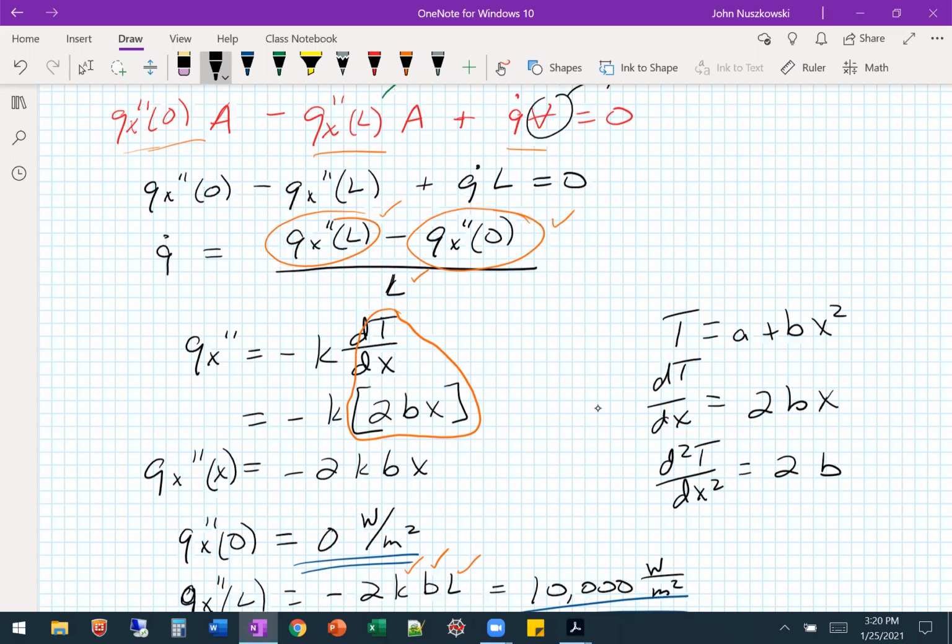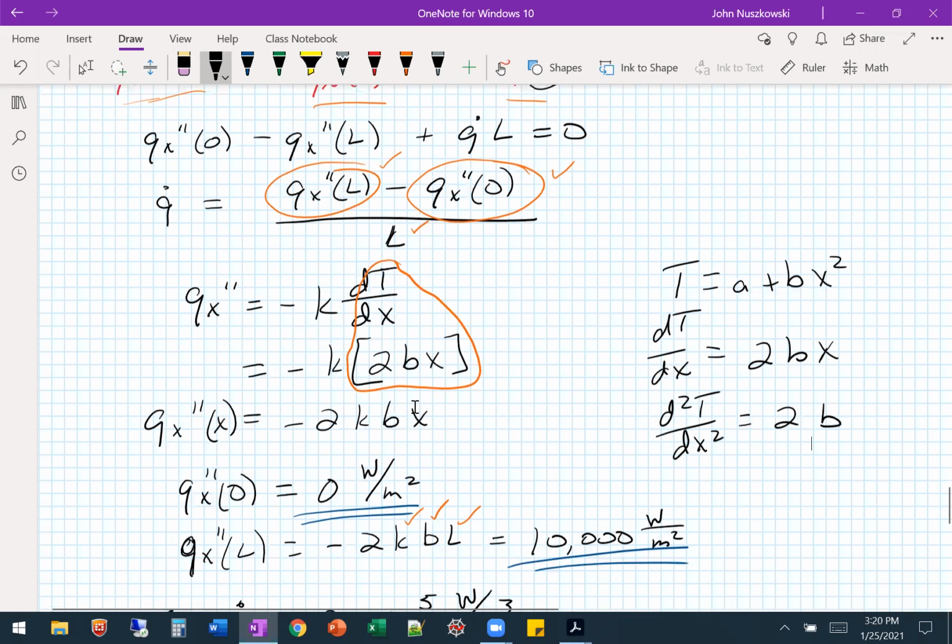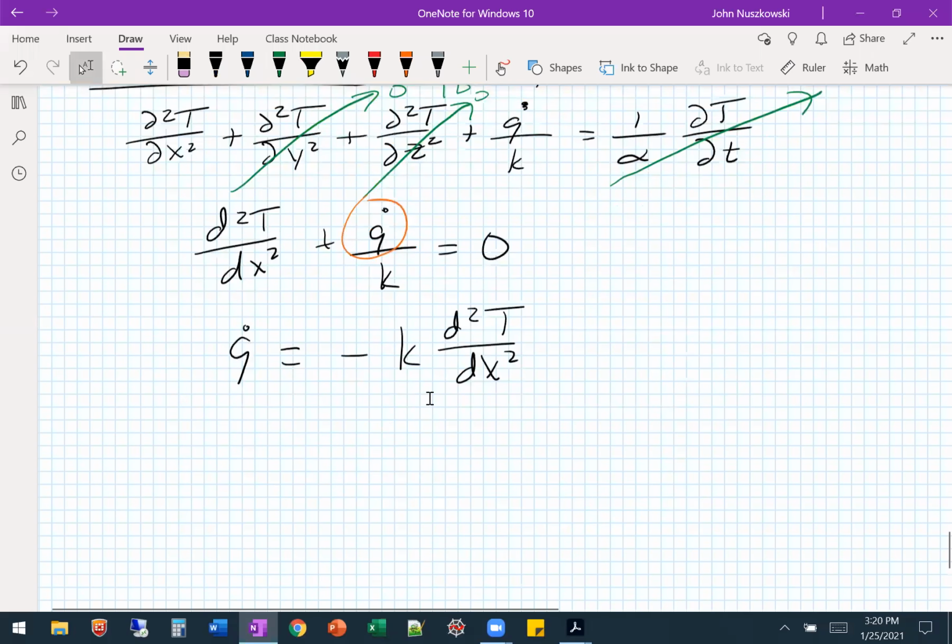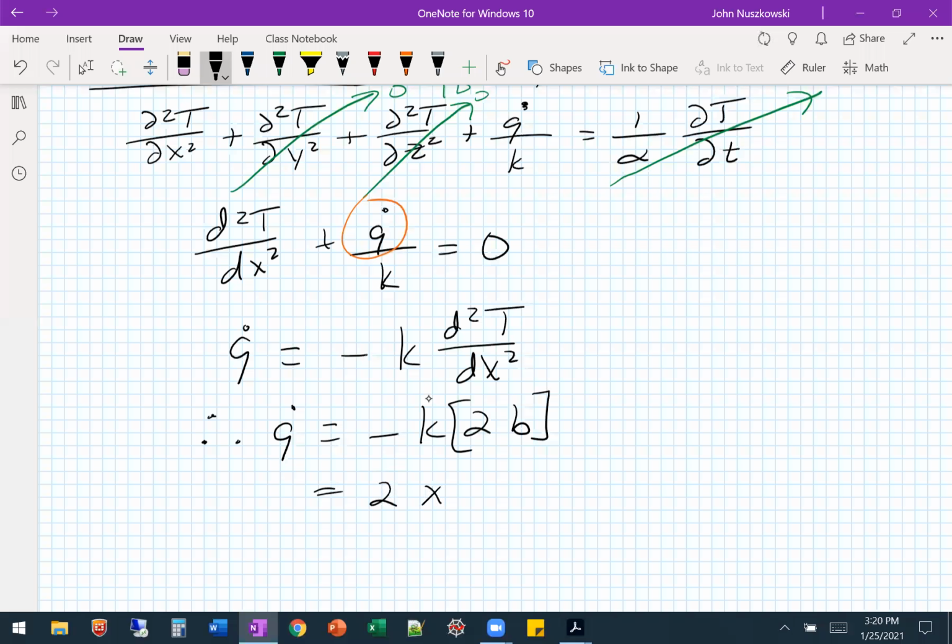We'll just get 2b, right? And then if we plug in, we'll get the same thing, which is our 2 times 10 to the 5th watts per meter cubed.